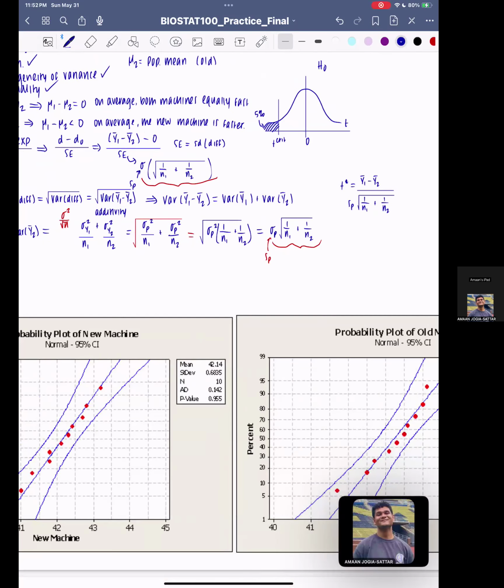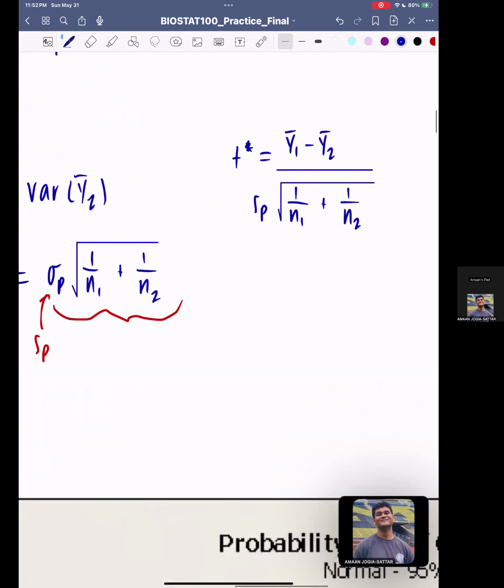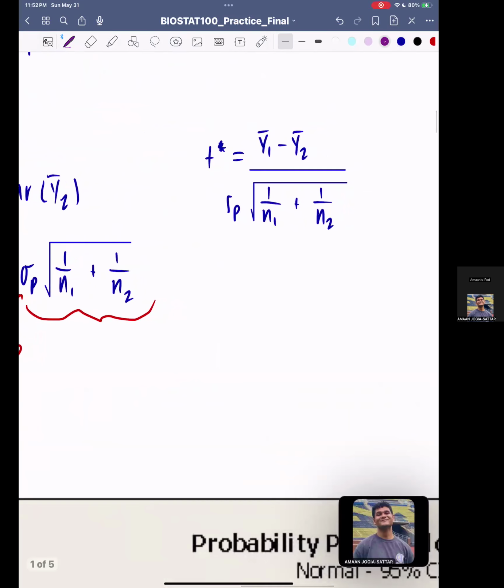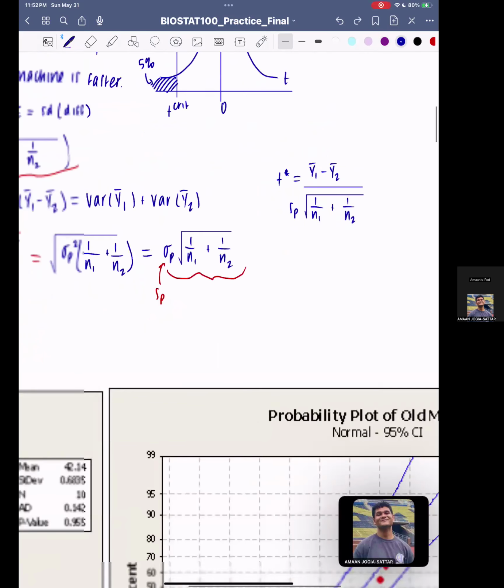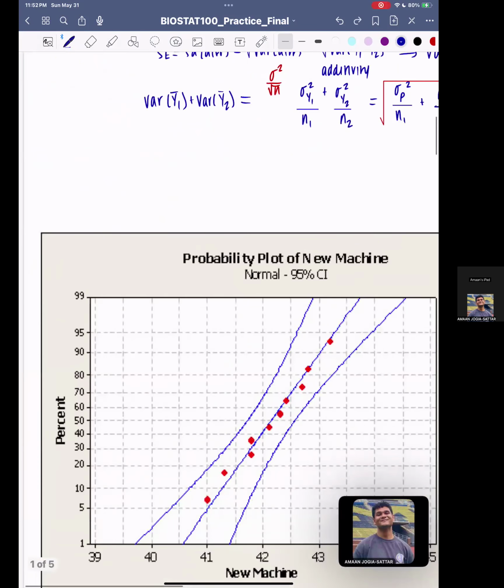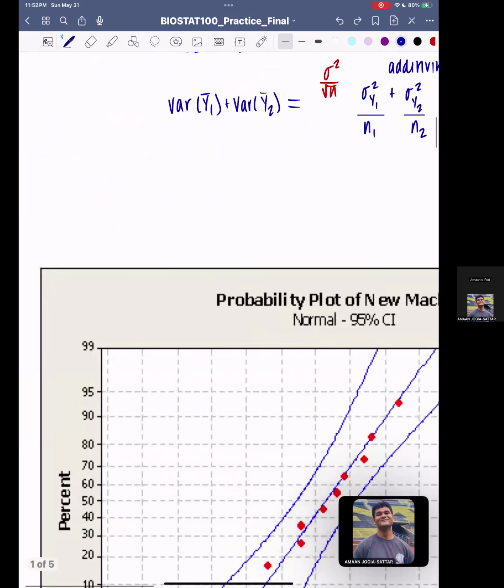Okay. Now the last thing we need in order to do this is we need to know what this is. And to get that, we can follow our formula. And so fundamentally, the way I want you to think of the pooled standard deviation is as a weighted average.